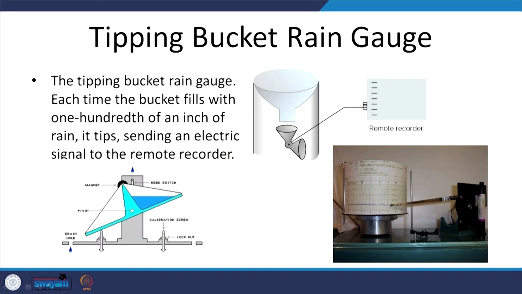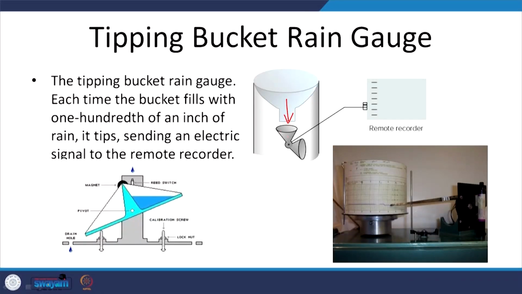And another way of measuring the rainfall or the rate of precipitation is, let us say, if it rains for 1 hour, how much has it rained per minute is the rate of precipitation. So, one very well known instrument is the tipping bucket rain gauge, in which you have water being dispensed into buckets which can tip.